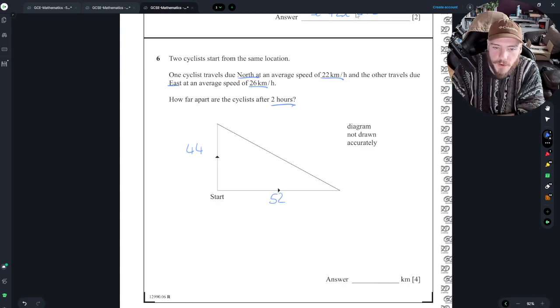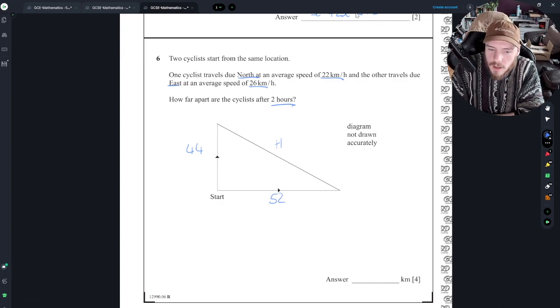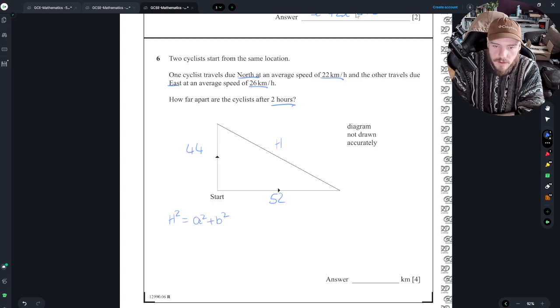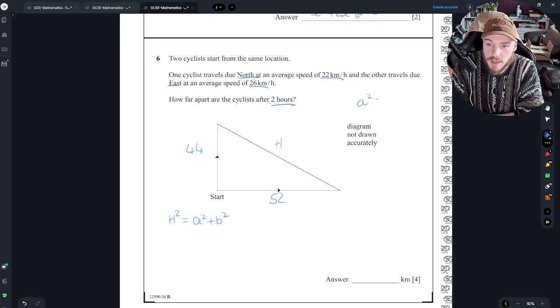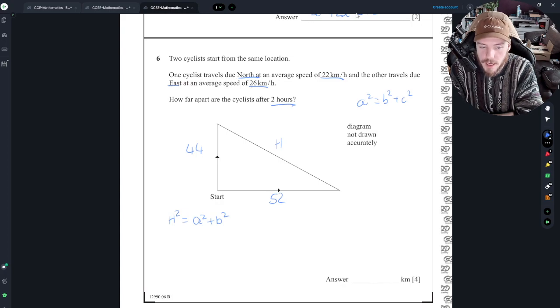We want to find the distance apart, so this is the hypotenuse of our triangle. If you don't remember Pythagoras' theorem, it's h squared is equal to a squared plus b squared. Some people write it as a squared is equal to b squared plus c squared. I think h is easier because we know h is the hypotenuse and a and b can be either side.